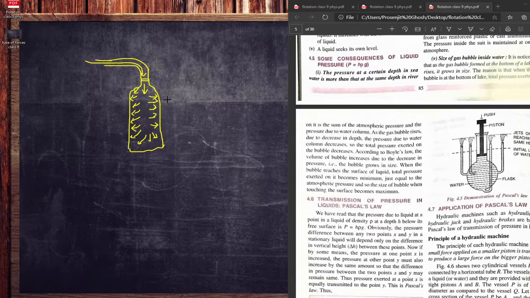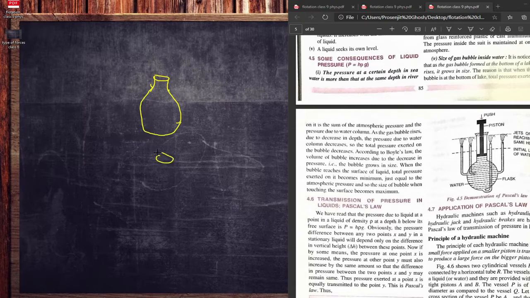You can take any other example with that. Suppose all of you know water balloons. What happens with that? Whenever you try to fill it up, after some moment, when you fill it too much, what will happen? It will burst. And why is it happening?